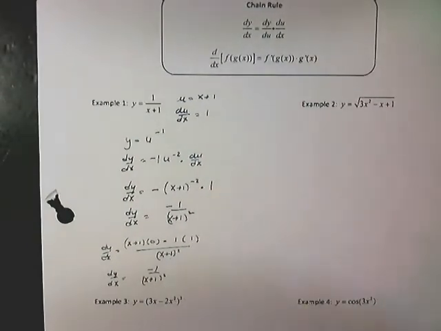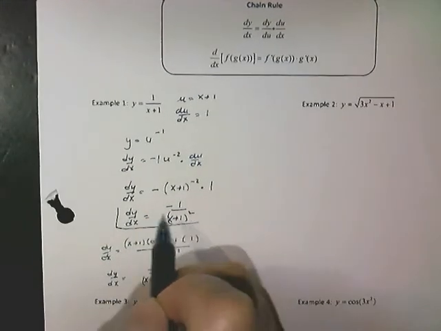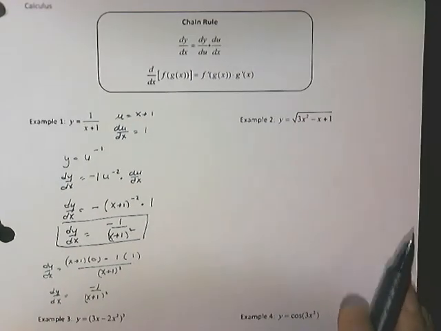Now I show it to you with this one, but it doesn't work every single time. So one of the things you're going to have to do when we are done with this section is when you have to take the derivative, you're going to have to figure out what method you want to use and which method works best. So let's look at this next example.